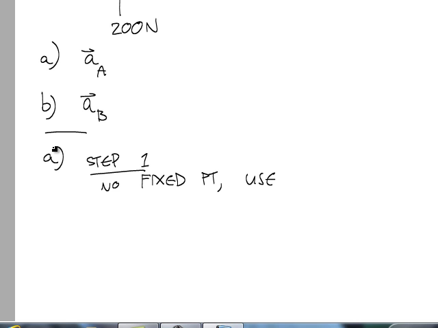Okay, so now start at step 2 and calculate the angular acceleration and the acceleration vector of the center of mass. And then after you're done with that, we'll do part A, the geometric part of it, calculating the linear translational acceleration of that point A together, and then you'll do part B.